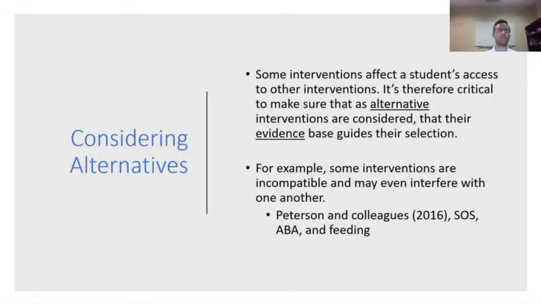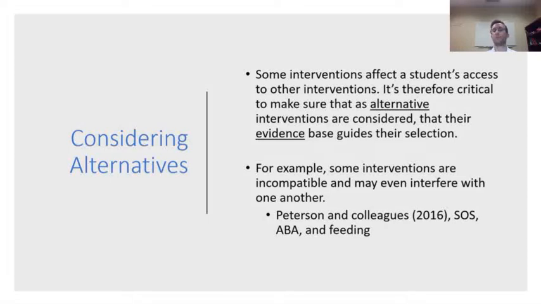Considering alternatives. Now, some interventions affect a student's access to other interventions, okay? And so it's critical to make sure that as alternative interventions are considered, their evidence base guides their selection, as opposed to philosophical perspectives or certain belief systems or preferences or even resources, right?